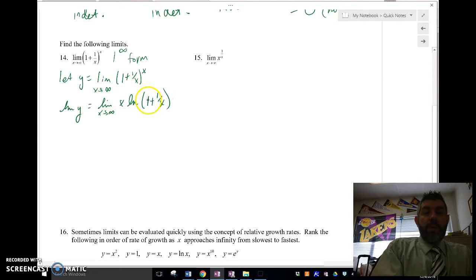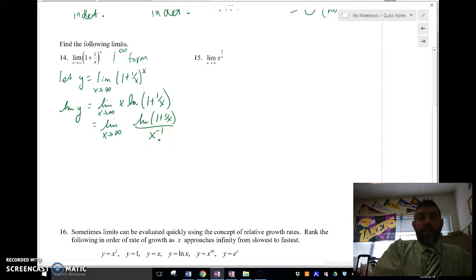So this is going to be the limit as x approaches infinity of ln of 1 plus 1 over x, over x to the negative 1. Remember, I have to finagle it here so that I can get 0 over 0. So now I can do L'Hopital's rule.